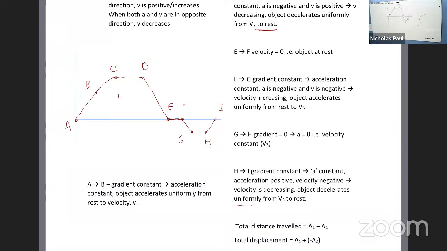Right, area underneath here A1, area underneath here A2. What's the total distance traveled? A1 plus A2 is the total distance traveled. What's the total displacement?